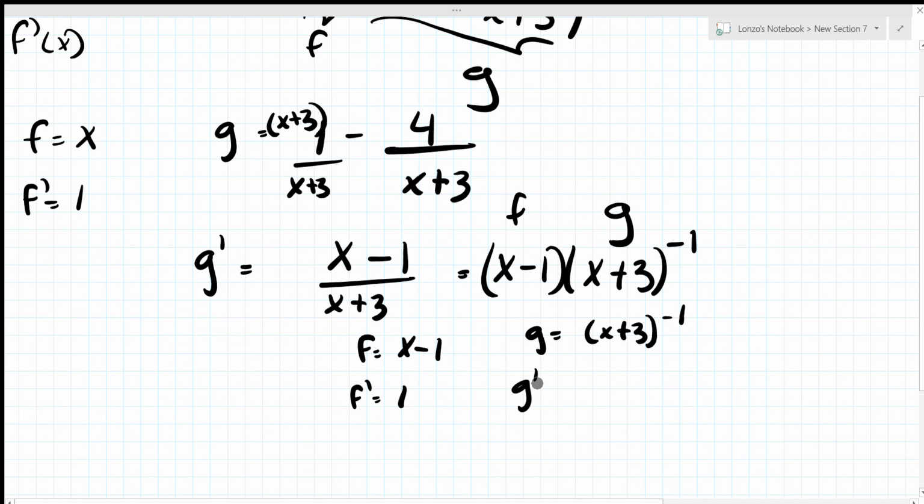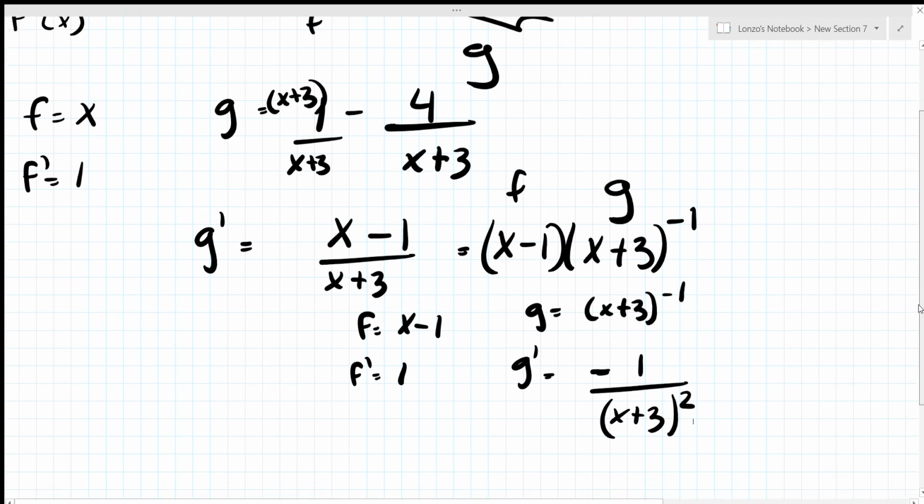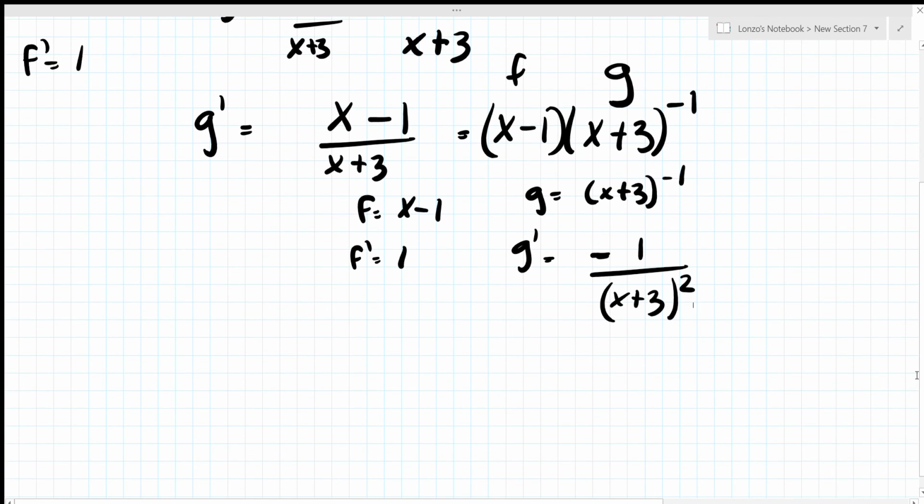For g prime, you're going to use the power rule, so you're going to get negative 1 over x plus 3 squared. I simply used the power rule, because negative 1 minus 1 is negative 2, and we want that in positive, so you put that in the denominator. Good.